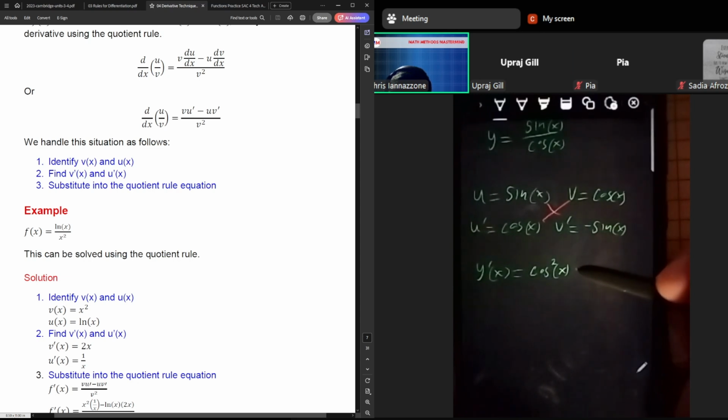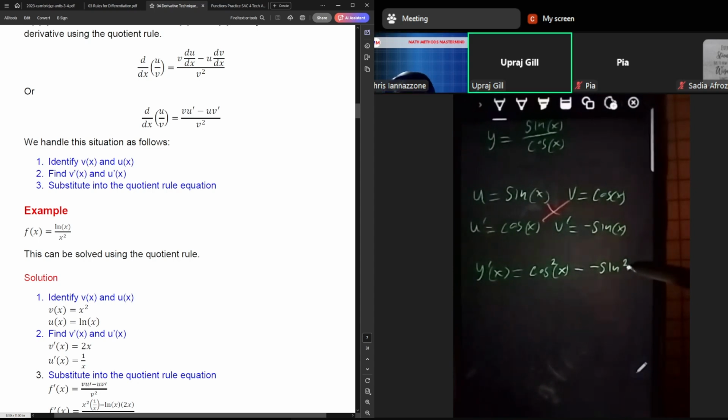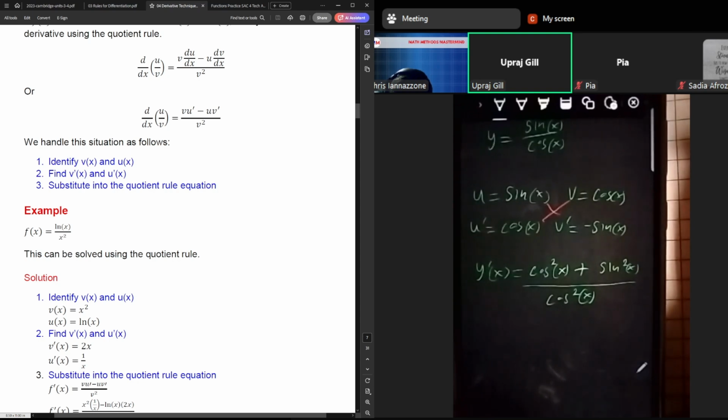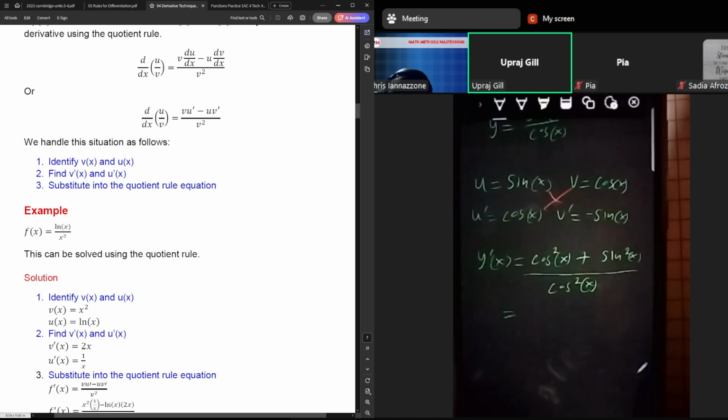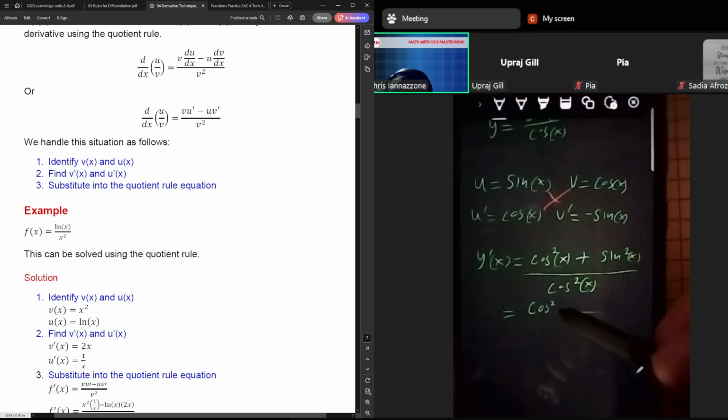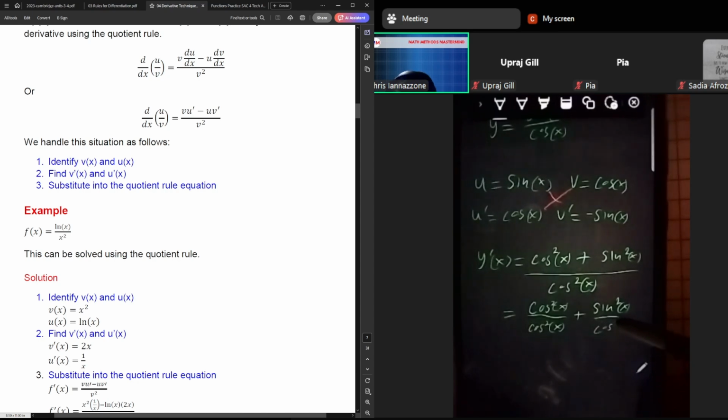So it'll just be plus sine squared x, all over cos squared x. Then you split the fraction: you'd get cos squared over cos squared, which cancels out, and then you just get sine squared x over cos squared x.